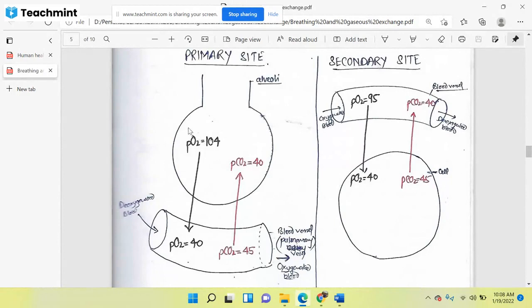Oxygen is transported from this vacant space to the blood vessel, and carbon dioxide diffuses from this blood vessel to the alveoli space. So this happens at this site. At this site two things are there: one is the alveoli, which is part of the lung, and the other is the blood vessel. So this is called the primary site.